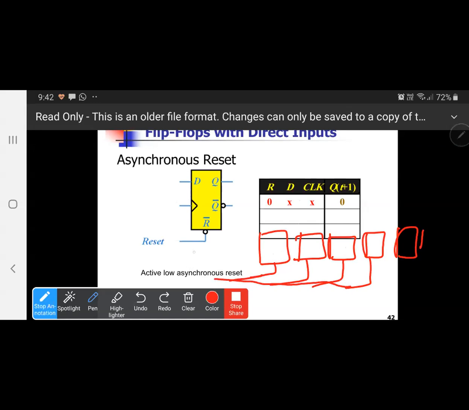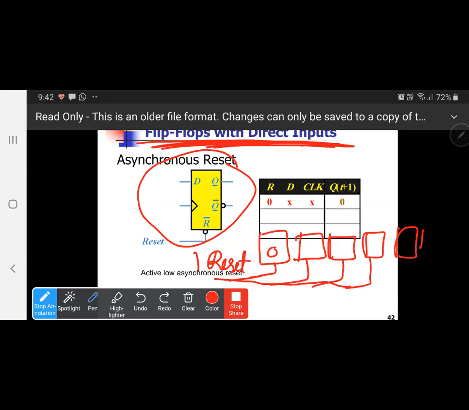That's why we have the direct input, so we are going to learn flip-flops with direct input. All are connected together, and I will give the command reset. Reset means all will be 0, 0, 0, so all flip-flops reset at the same time.